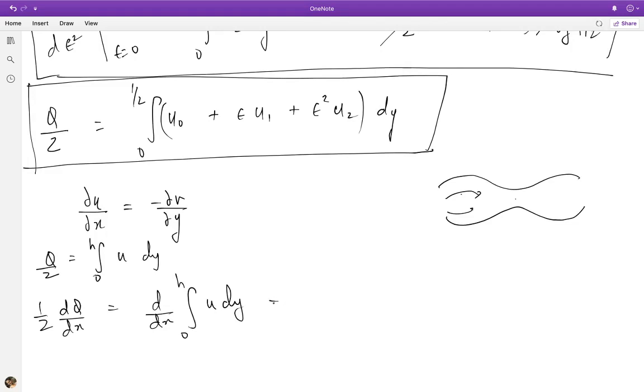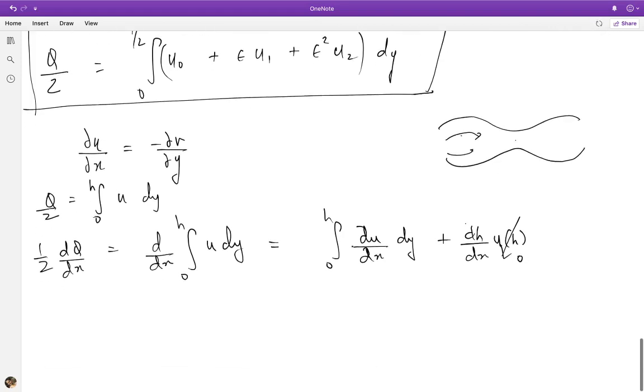But now again I can use the Leibniz rule. So this is the integral from 0 to h of ∂u/∂x dy plus dh/dx, whose form we know, but more importantly u evaluated at h. From no slip this is 0. So again this term has no contribution.